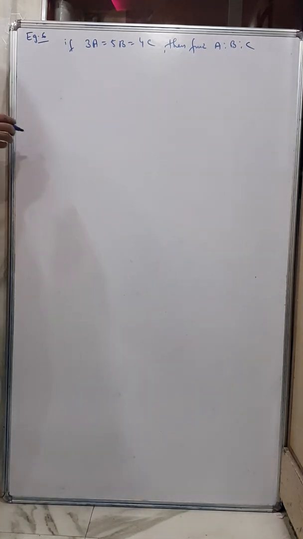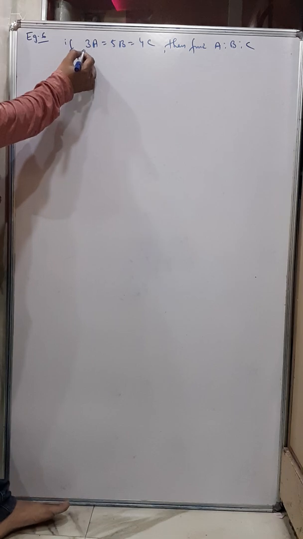Now the next example. Sometimes we may have this type of question. So suppose 3a equals 5b equals 4c, and you have to find a is to b is to c.